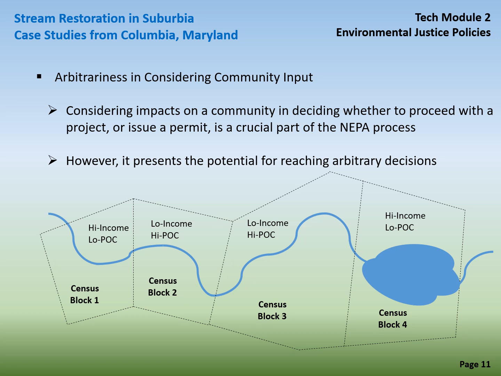So, let's just look at a linear project that passes through a couple different census blocks. Some of them are high income, some of them are low income, some of them are low people of color communities, some of them are high. This is just a schematic, but it sort of represents what happened at Elkhorn.